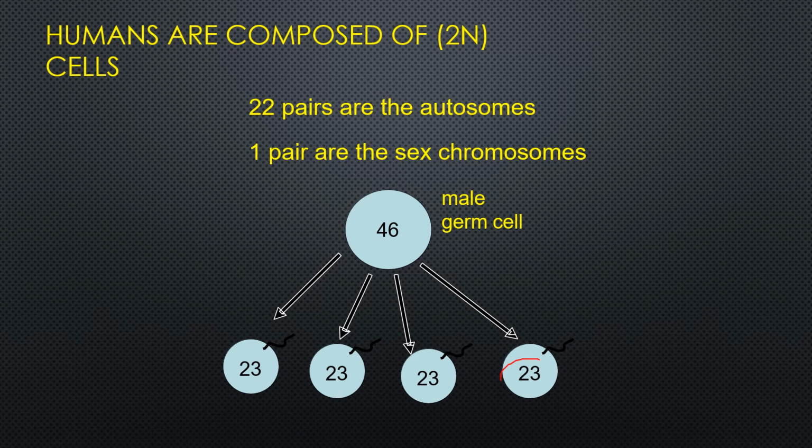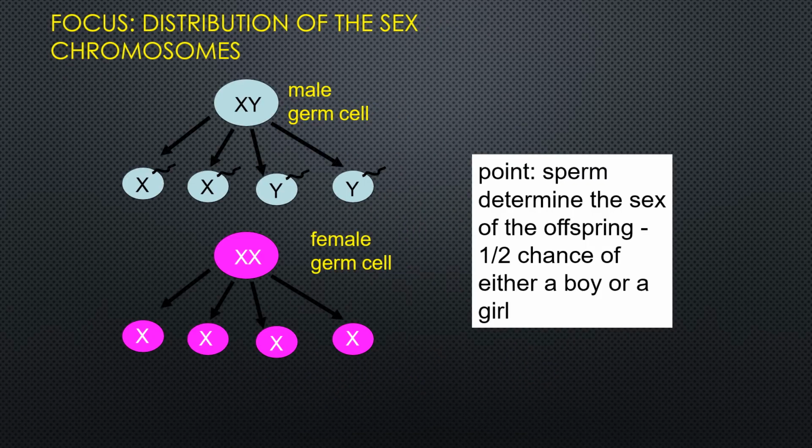So here we go with our 23 and our 23 and our 23, and these are all our sperm cells right here. And so when we look at our male germ cell, we have X and Y chromosomes, whereas our female germ cell is going to have just the X chromosomes.